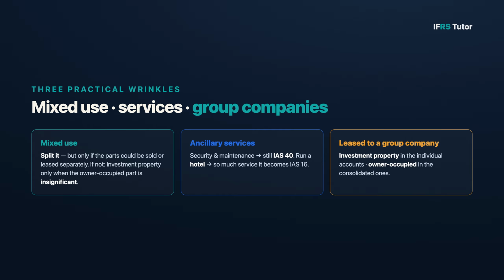Providing security and maintenance to tenants is fine. It stays investment property. Run a hotel, and you're providing so much service that it becomes owner-occupied, IAS 16. Third, property leased to another group company is investment property in the individual accounts, but owner-occupied in the consolidated ones.